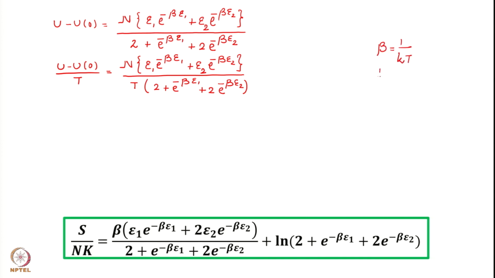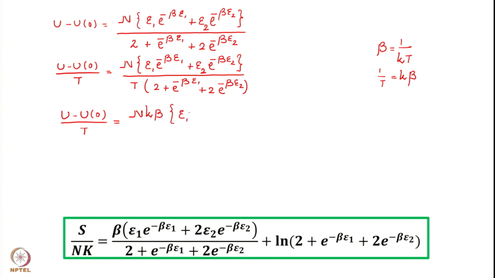That means 1 over T is equal to k times beta. I can use that. So what I have now is U minus U0 by T is equal to 1 over T, I am writing k beta. So I have N, I have k into beta.